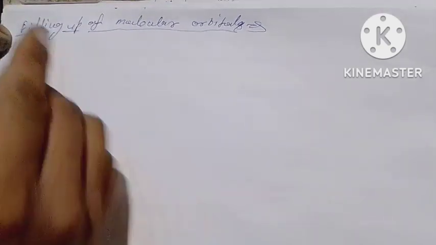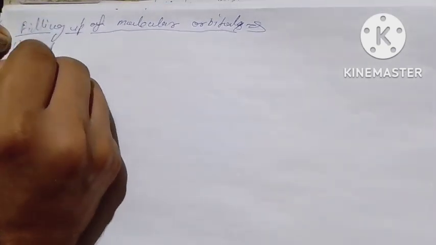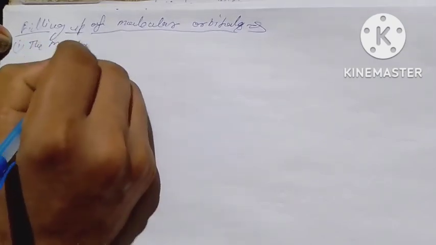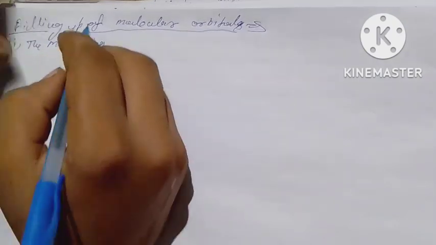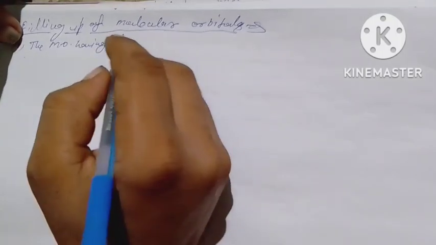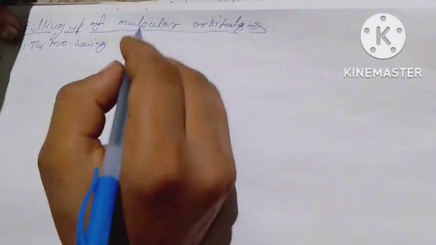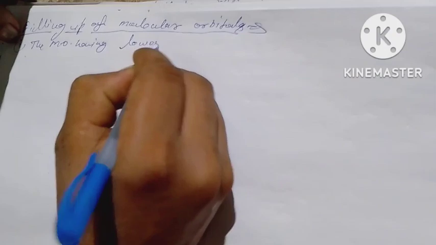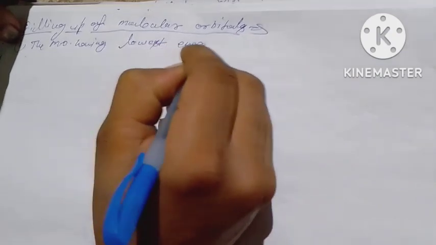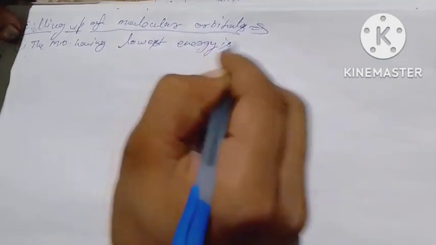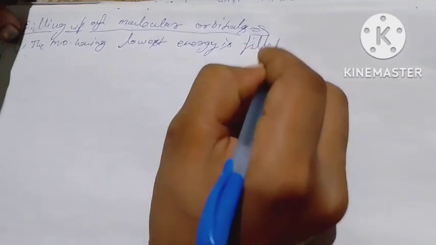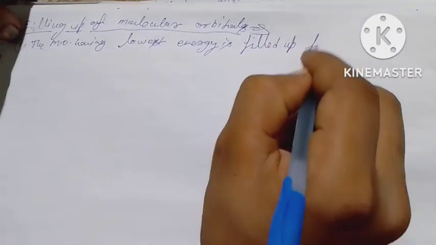First point: the molecular orbital having lowest energy is filled up first.